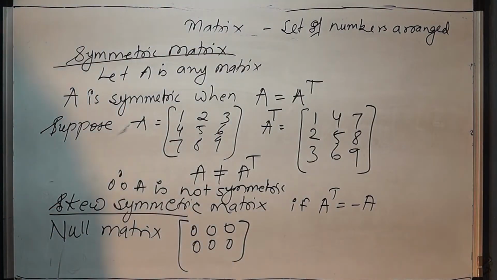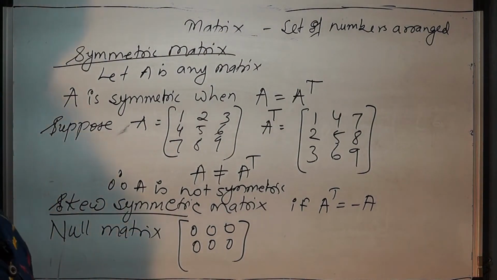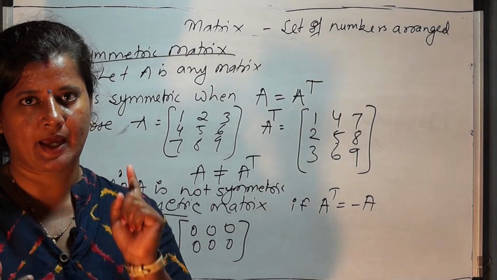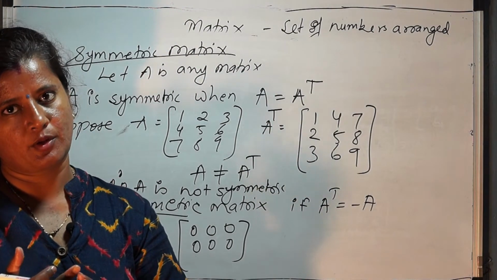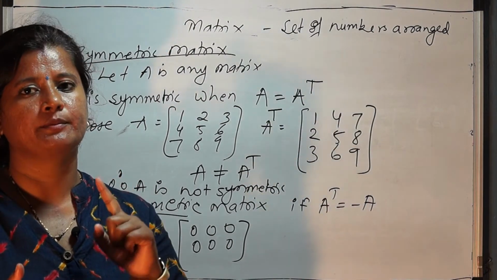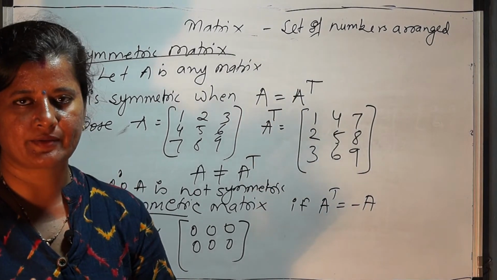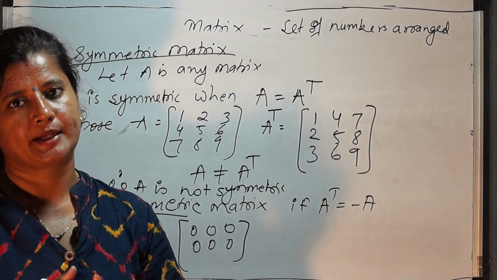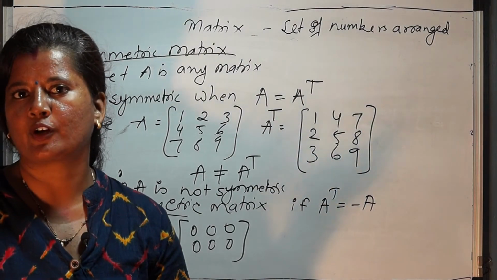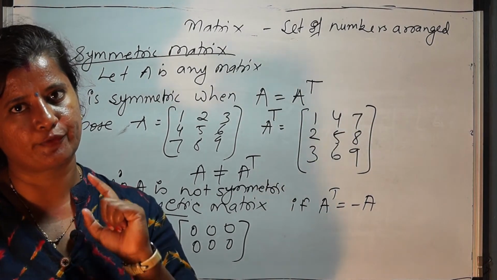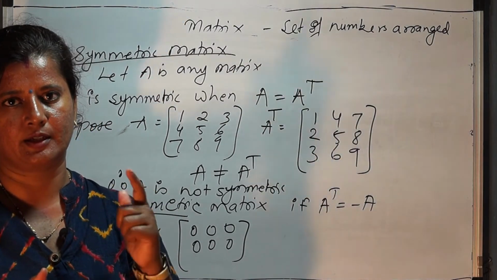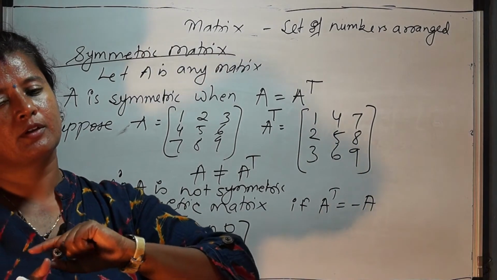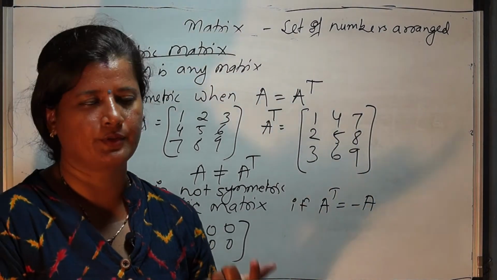So everybody understood the types of matrices. We saw row matrix having only one row, column matrix having only one column, then square matrix, where the number of rows and number of columns are equal, rectangular matrix, where the number of columns and number of rows differ. It can be number of rows greater than number of columns or number of columns greater than number of rows.